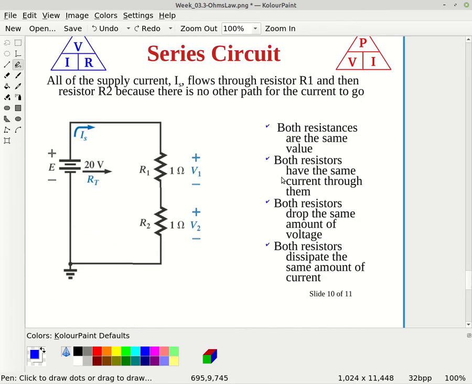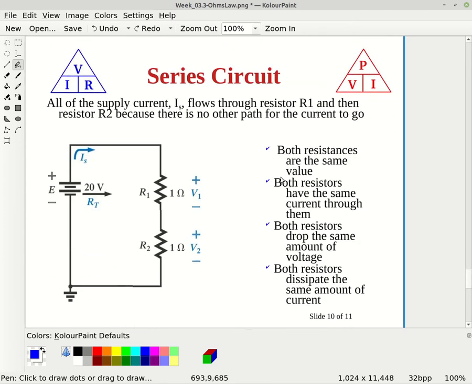So if we look at a slightly more complicated circuit, in this case we actually have two resistors. I have resistor R1 and resistor R2. The voltage drop across resistor 1 is V1, and the voltage across resistor 2 is V2.